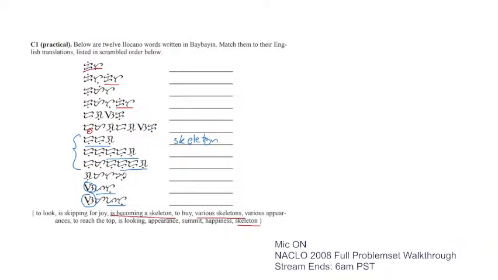Hold on. We have to look, right? We have to look. We have is skipping. I'll be sure to resume here tomorrow if we don't get through this problem. To look is skipping. Is becoming.